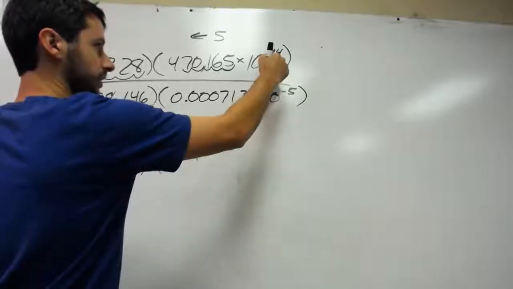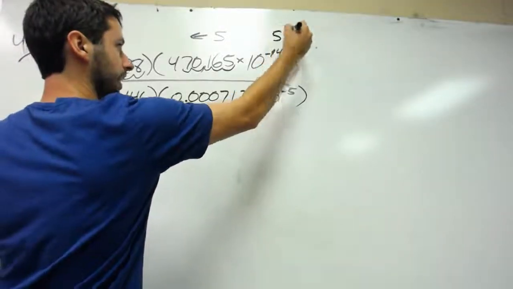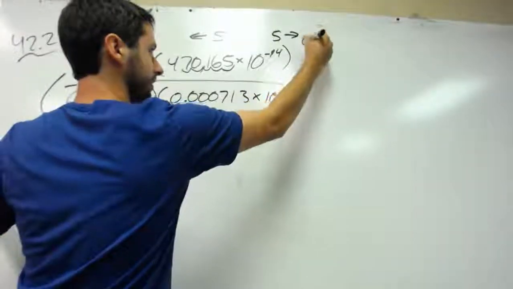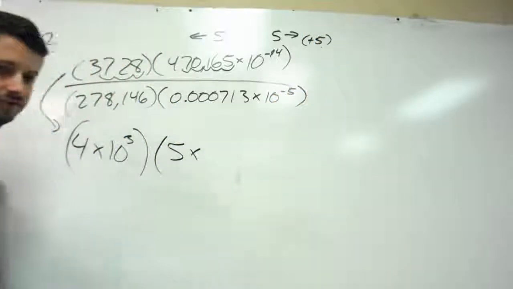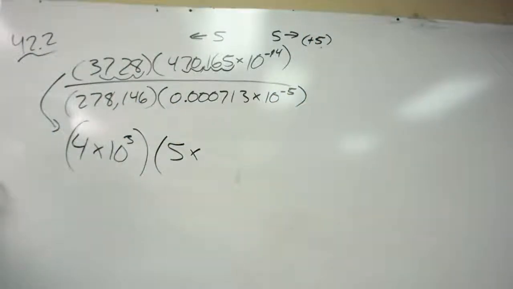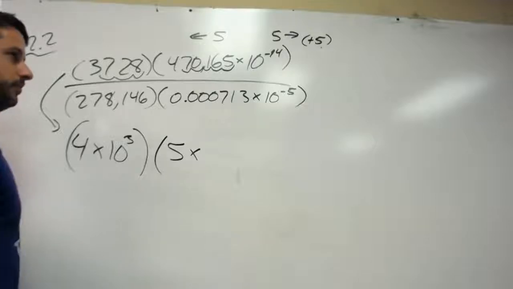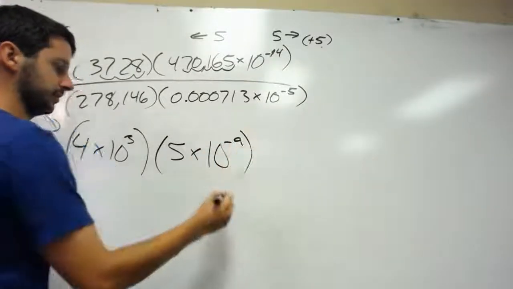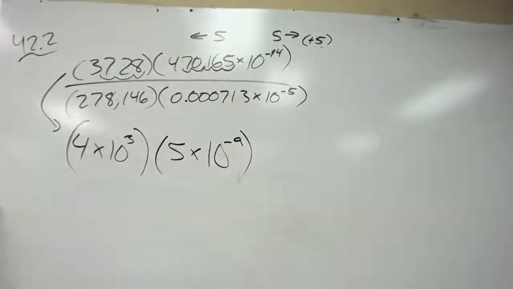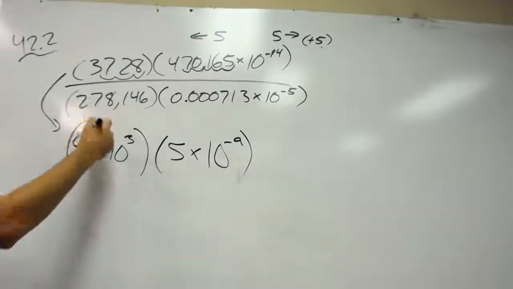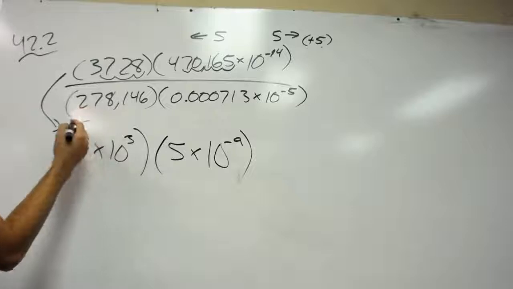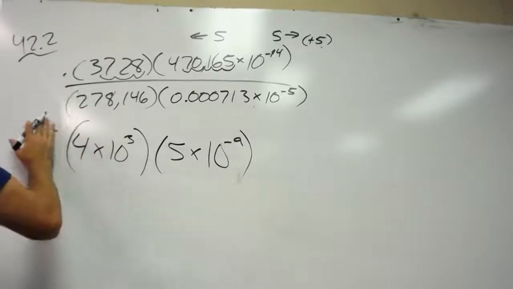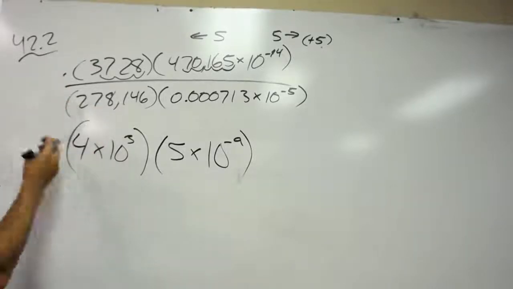Therefore here, we would go 5 to the right, aka add 5 to negative 14. So 5 plus negative 14 is 10 to the negative 9th. Do the same thing here. This rounds up to 3, because 278,000.